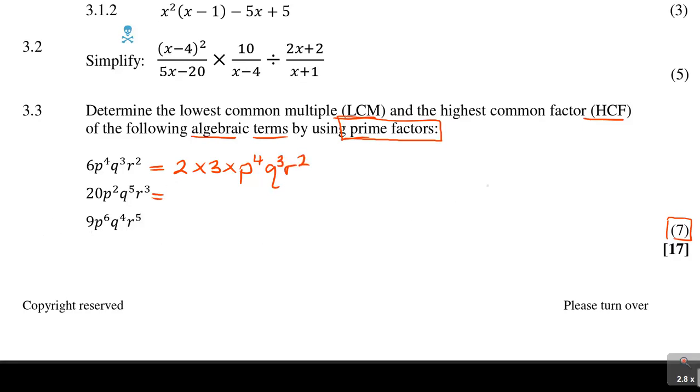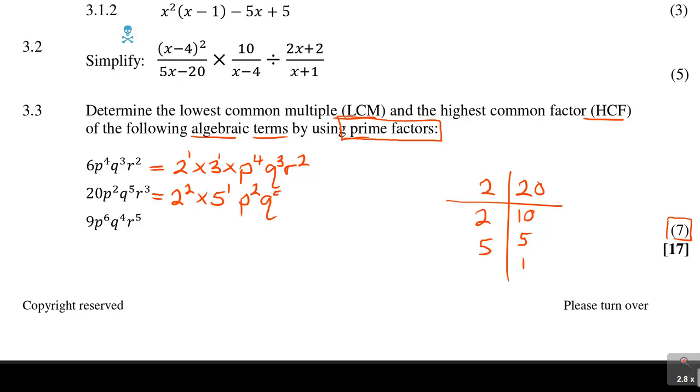Because I don't have a calculator, I will use this to get my prime factors. 2 into 20 is 10. 2 into 10 is 5. 5 into 5 is 1. So my prime factors for 20 are 2 to the power of 2 times 5 to the power of 1. You can put a 1 there. Then p^2 q^5 r^3.